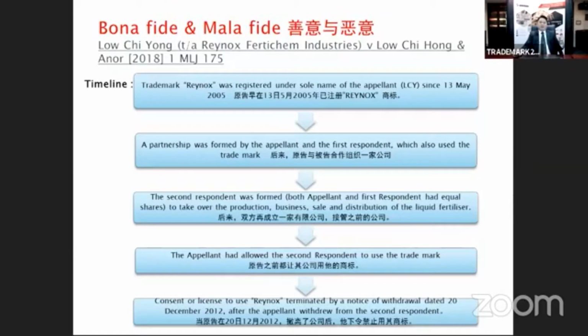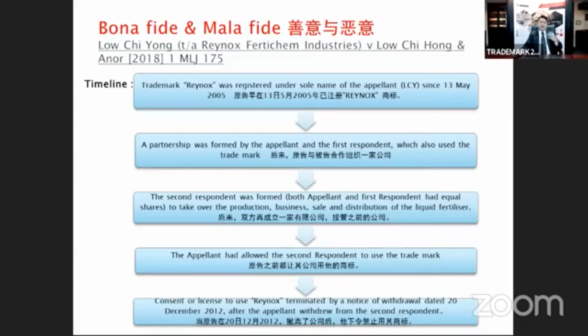Then what happened? The appellant allowed the second respondent to use it. The second respondent is the company in this case. So Lo Chi Yong allowed the company to use the trademark. And then eventually, when they broke off in 2013, I believe, the consent to use the trademark was withdrawn.